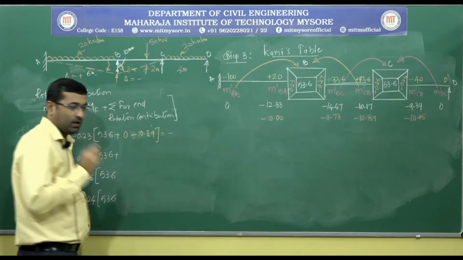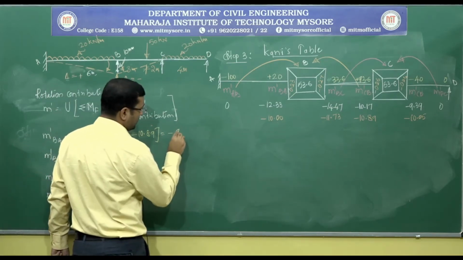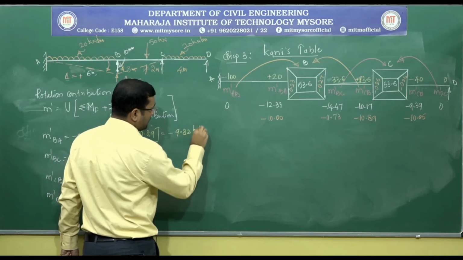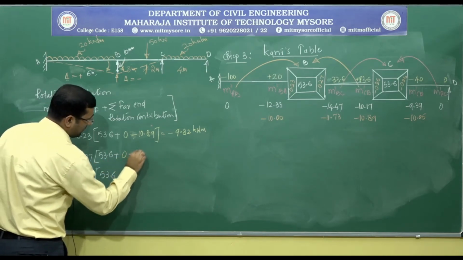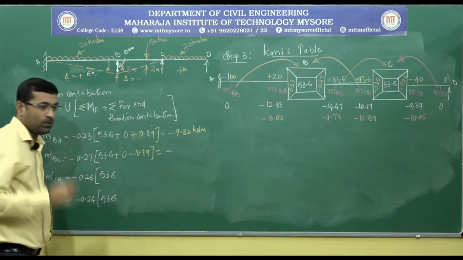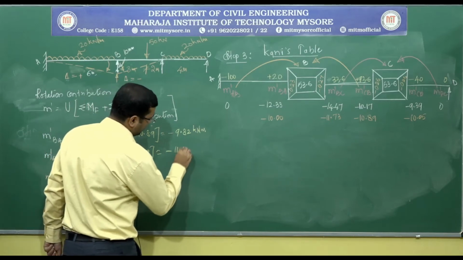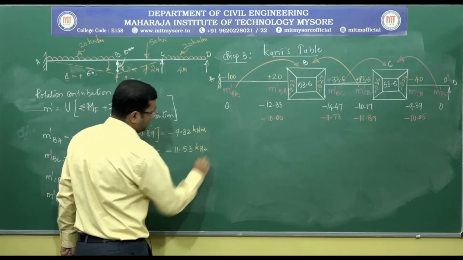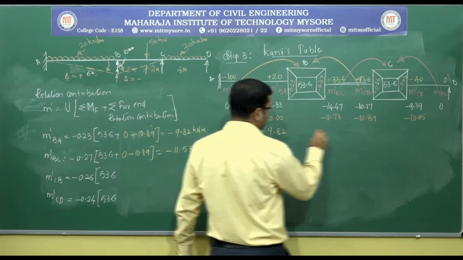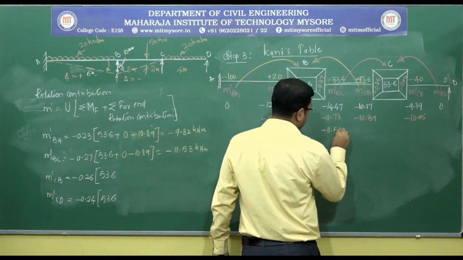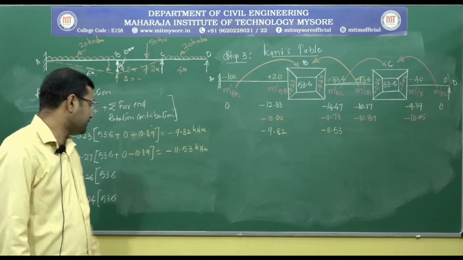That gives you a negative value minus 9.82 kilonewton meter and m dash BC it is minus 10.89. That gives you a negative value minus 11.53 kilonewton meter. So if I represent those here 9.82 and 11.53, you can see there is a reduction in the difference.